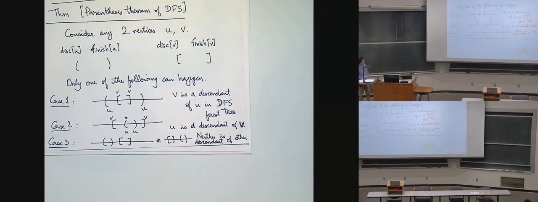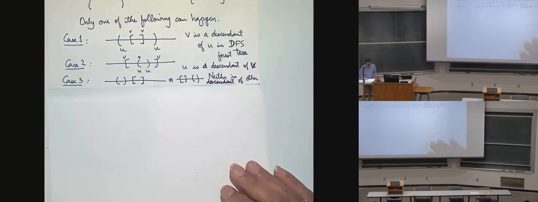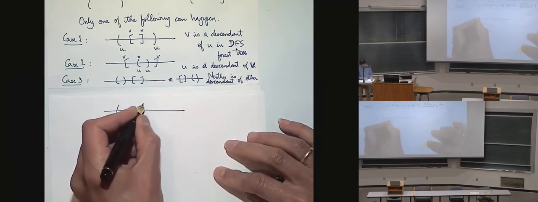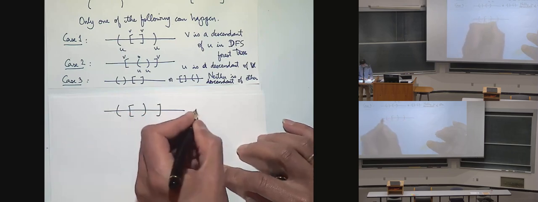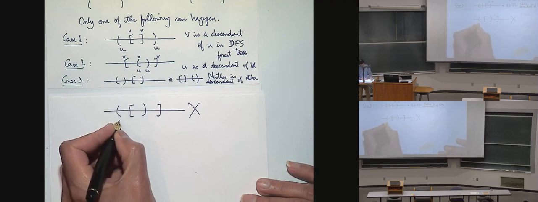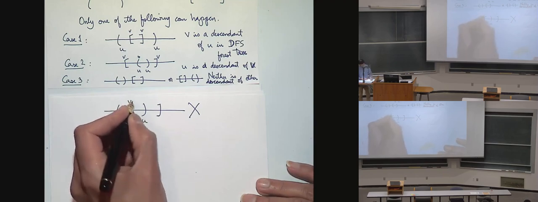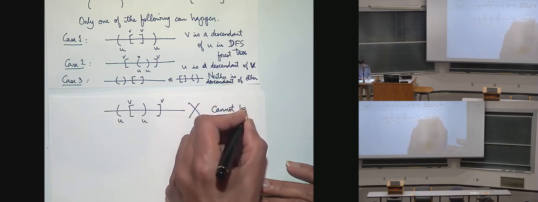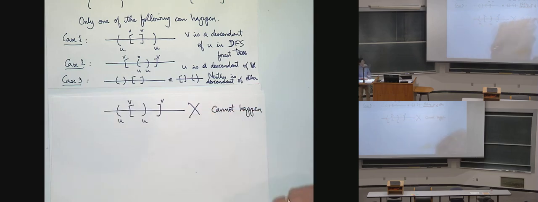But I think what is more important is you see these pictures. So what is the case that cannot happen? This cannot happen, which is, this is U and V. That cannot happen.